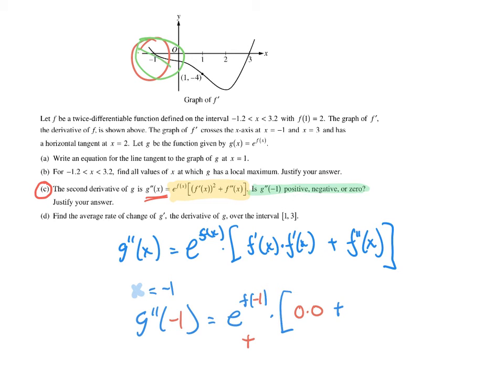And the slope at -1 is negative. So this is 0 plus some negative number. So this thing's negative, right? This whole thing here is negative. So we have a positive times a negative, which is negative. And so I'm going to answer that g double prime of -1 is negative.